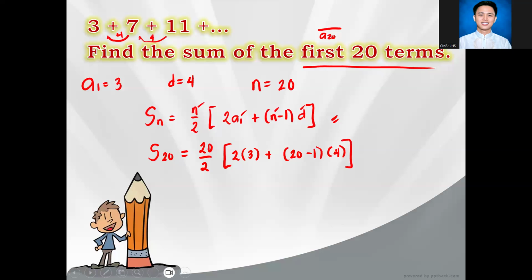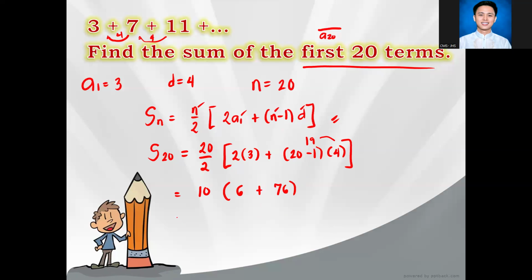And then we just need to simplify. 20 divided by 2 is 10. Then 2 times 3 is 6, plus 20 minus 1 is 19. Then 19 times 4 is 76, all right?